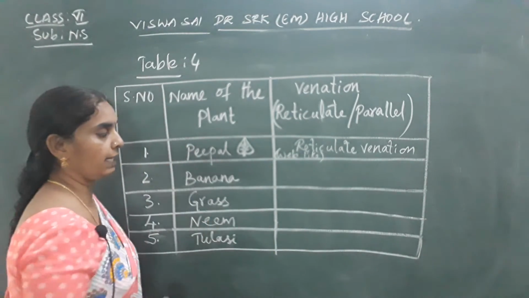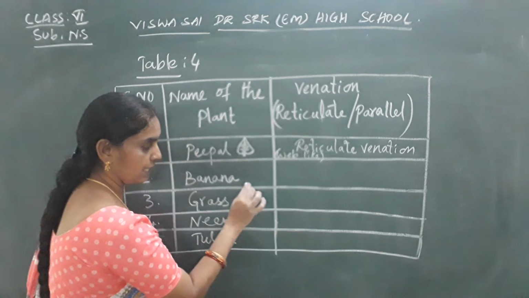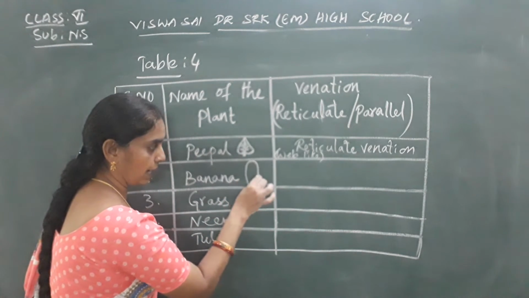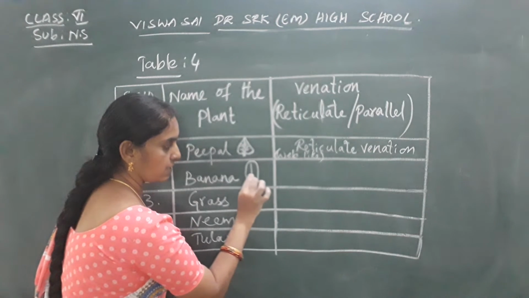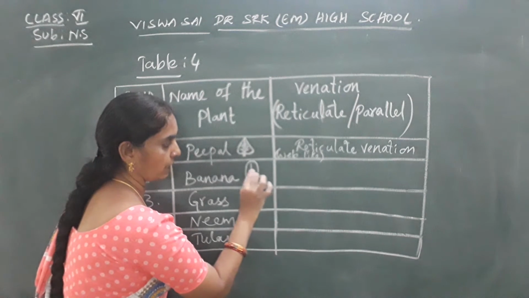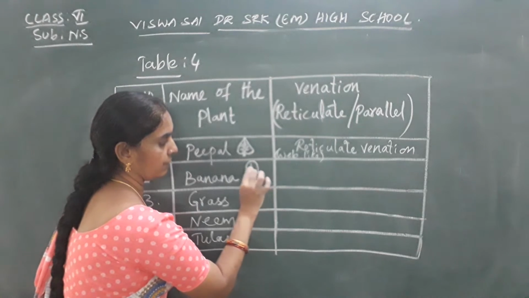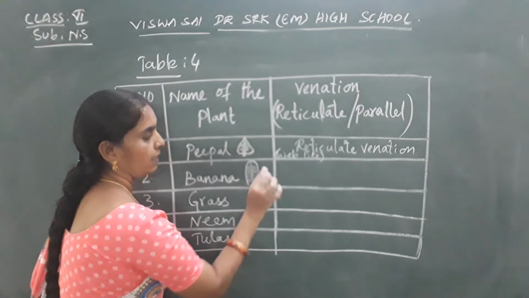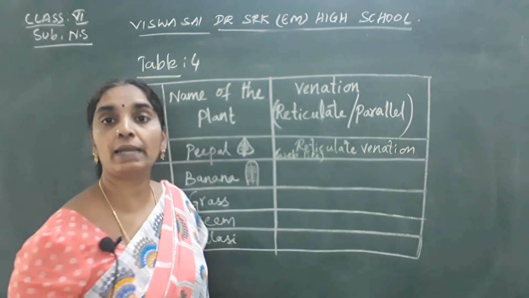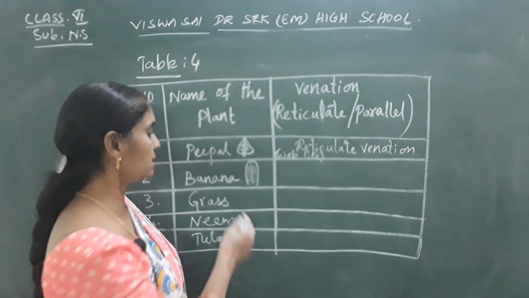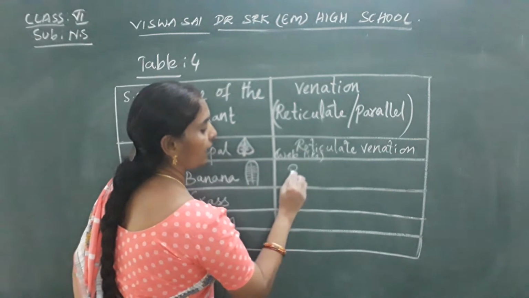Okay. Next, banana. You have often seen the banana leaf, I hope so. You will be seeing the veins arranged parallel to one another in the banana leaf, isn't it? Like this. You will be learning about this in higher classes. So this is parallel venation.